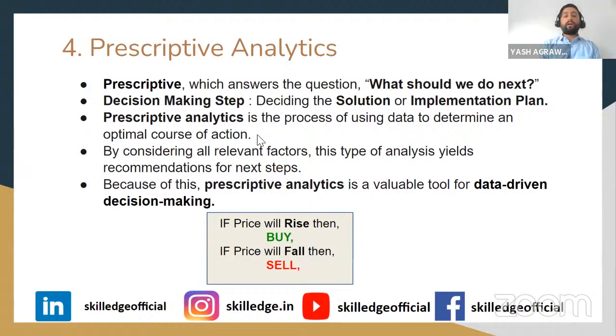Now, what Google says about this: prescriptive analytics is the process of using data to determine an optimal course of action. So based on the data, the information, the predictions, we have to take the actions. Those actions will come under prescriptive analytics, right?